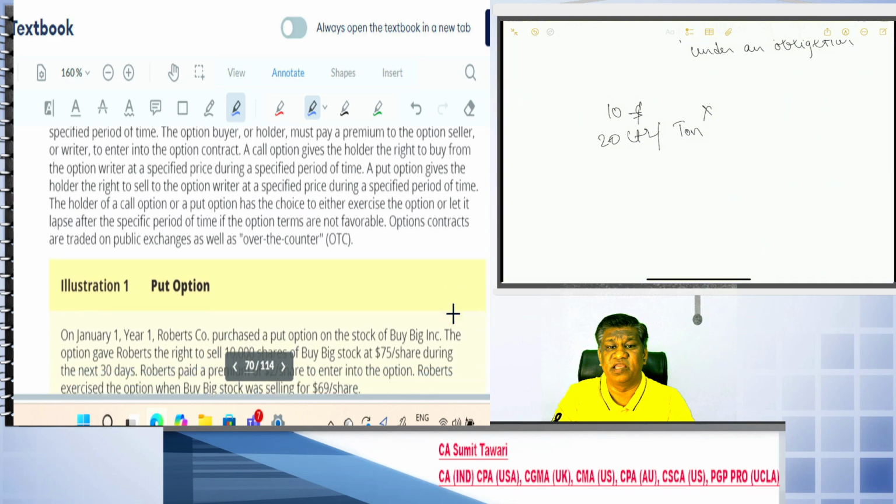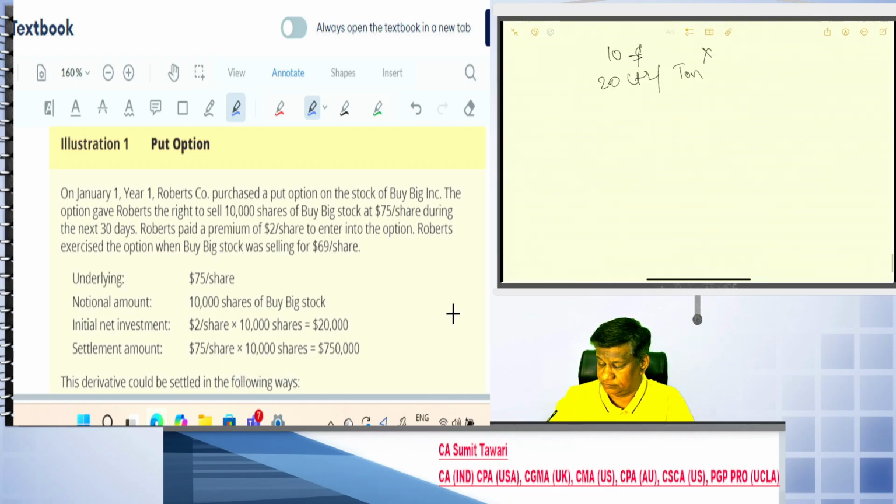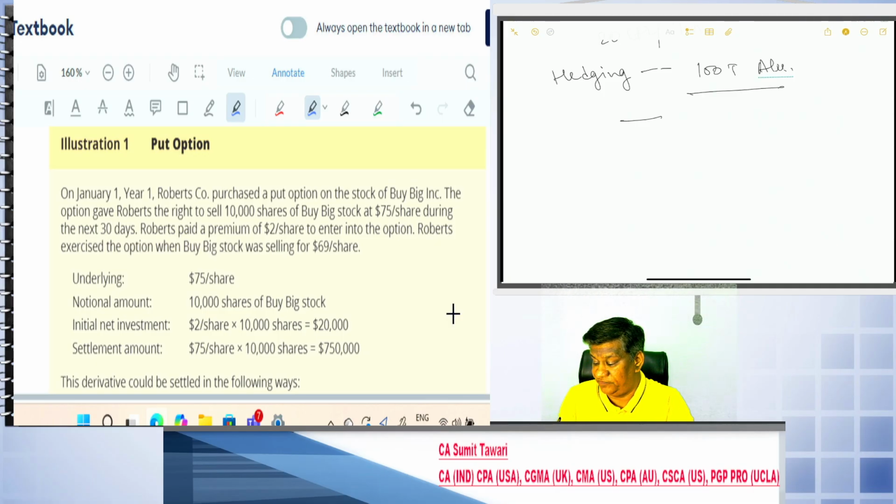Okay, so we can take an example. See, hedging, what happens: if a particular person, for his manufacturing process, needs to buy 100 tons of aluminum, he needs to buy it. So there are two ways.